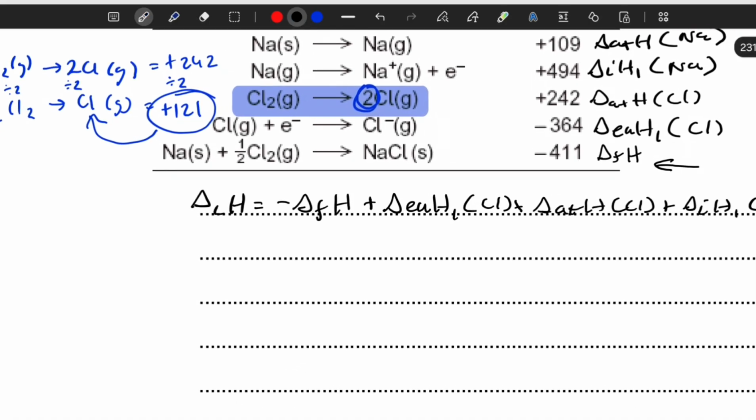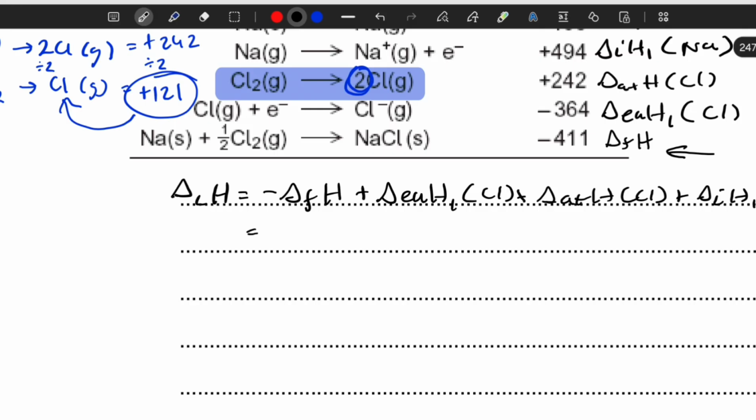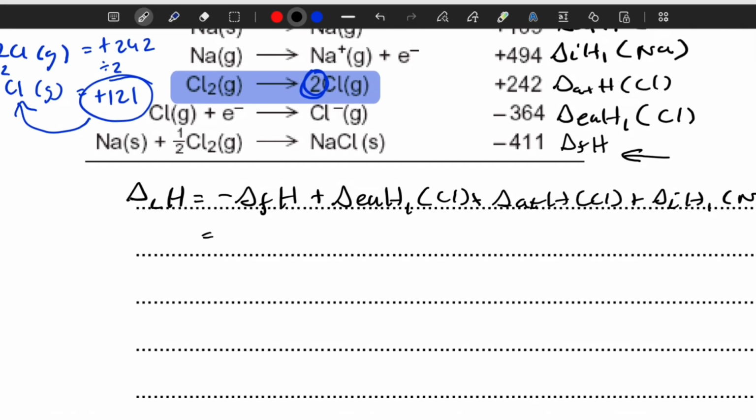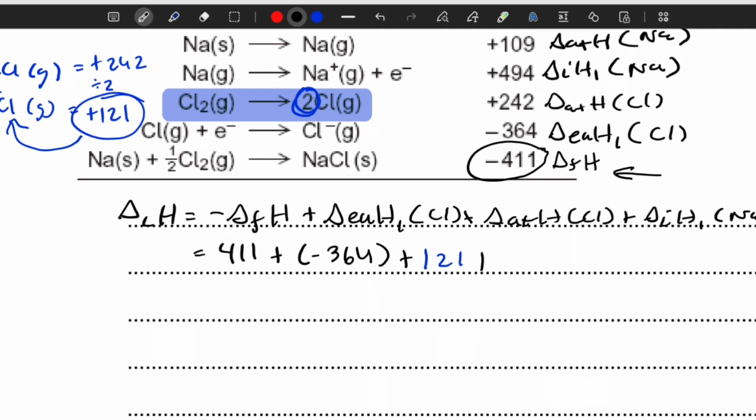So now we just calculate it as usual. We do the opposite sign of the enthalpy of formation, remember, to calculate the lattice dissociation. So it'd be plus 401 plus literally everything else. Plus 121, because that's for 1 mole of chlorine.